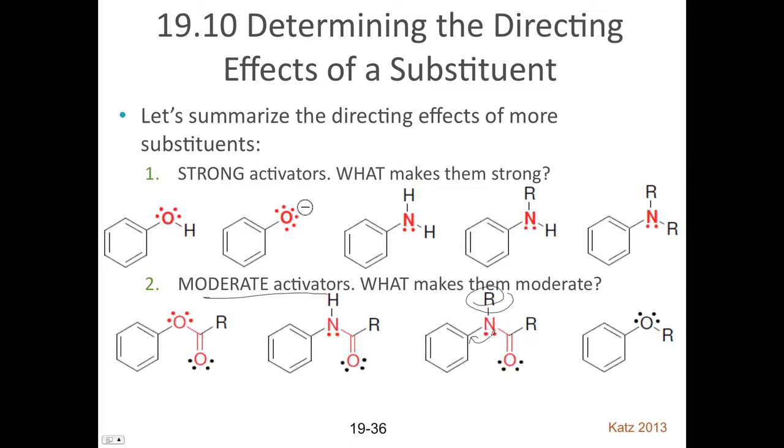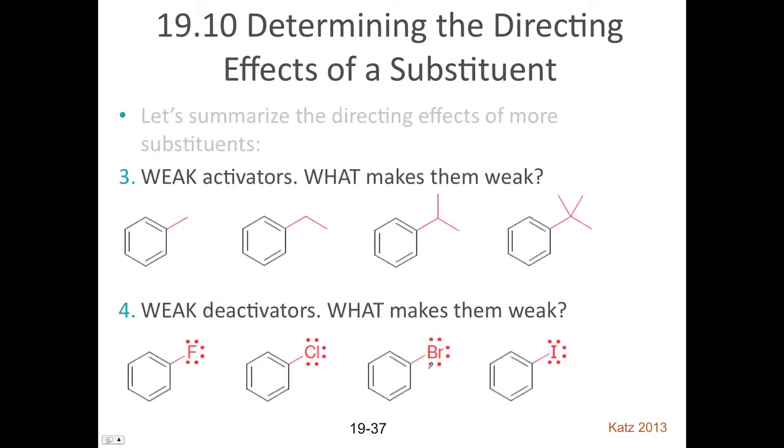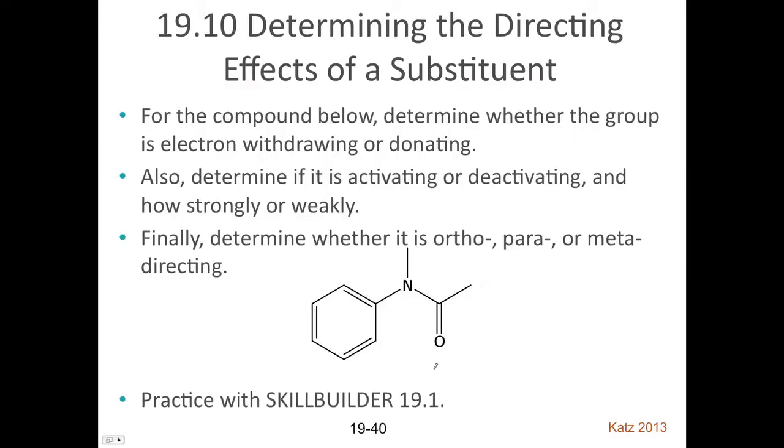So this guy here would not fully be conjugating into the ring, but would also be resonating or conjugating outside of the ring. So it's a moderate activator, and what we would say for a moderate activator is that it would direct ortho-para, right? And that's the right answer. So it's activating, it's moderate, and it would direct ortho-para.